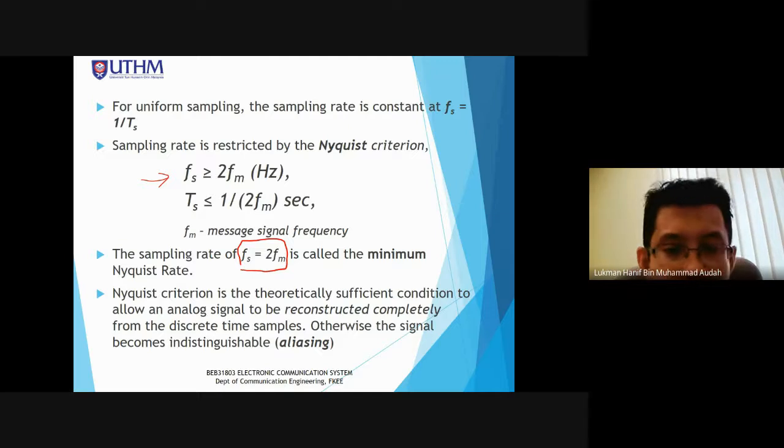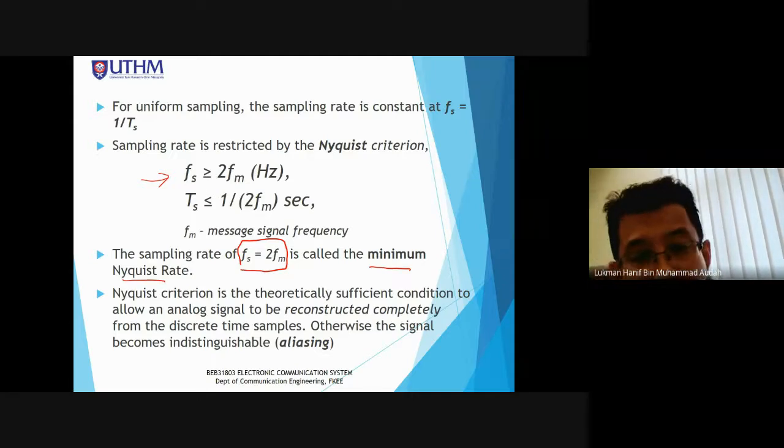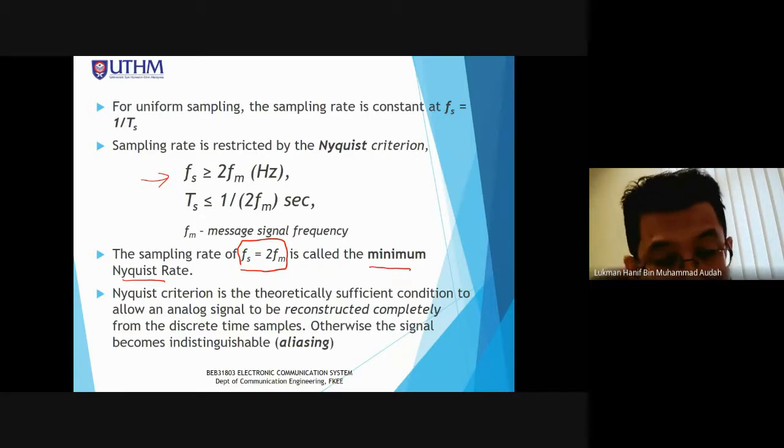Okay. Maknanya sampling frequency must be more or equal to 2 FM. Kalau Fs equal to 2 FM, this is what we call as a minimum Nyquist rate. Nyquist ni nama orang, Nyquist is a mathematician that analyze this kind of sampling frequency. Dia adalah orang yang mengkaji tentang proses-proses ini. So dikatakan bahawa minimum mestilah 2 kali modulating signal frequency.